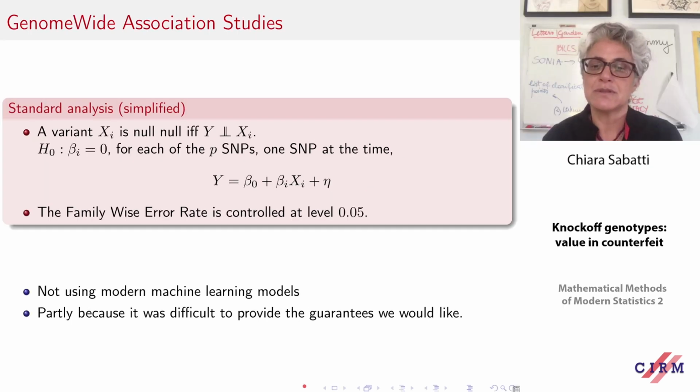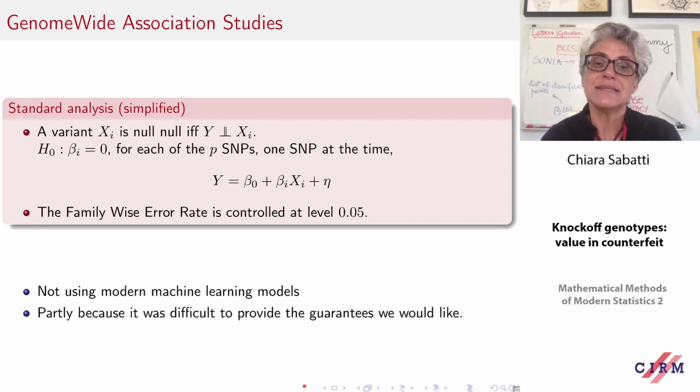We use the phenotype as the outcome variable, fit a univariate linear model, and test whether the coefficient relative to the variant Xi is equal to 0 or not. We do this one SNP at a time, and to take into account the fact that we are looking at 300,000, a million SNPs, we control the family-wise error rate at a level of approximately 0.05.